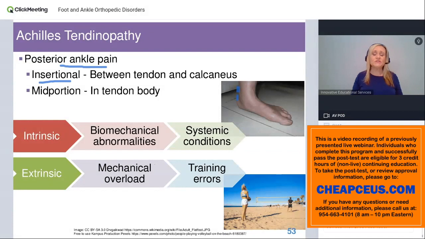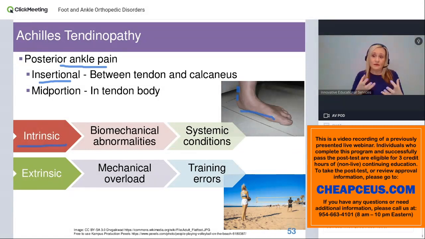The reason this occurs can be several. It might be intrinsic, it might just be biomechanically that this individual has that flat foot, that inappropriate alignment. So then the pull of the gastrocsoleus is off during propulsion and gait or different tasks and activities. We take about 10 times our body weight through that tendon.